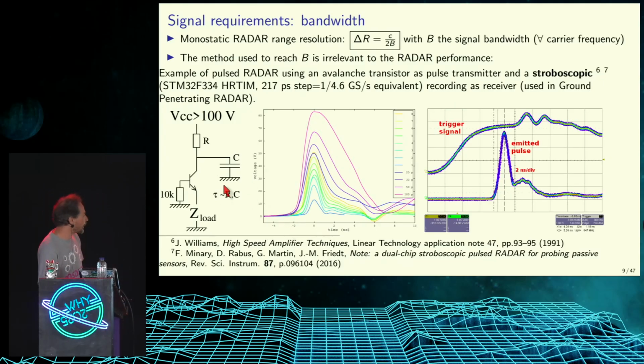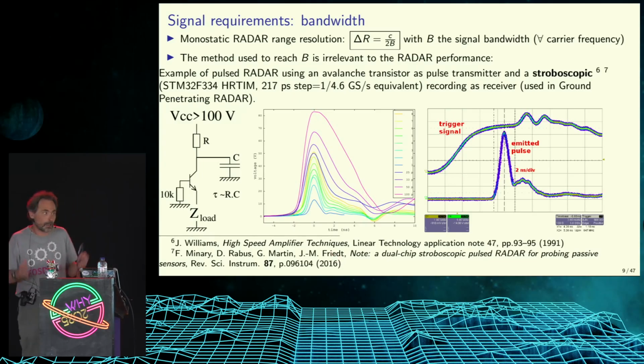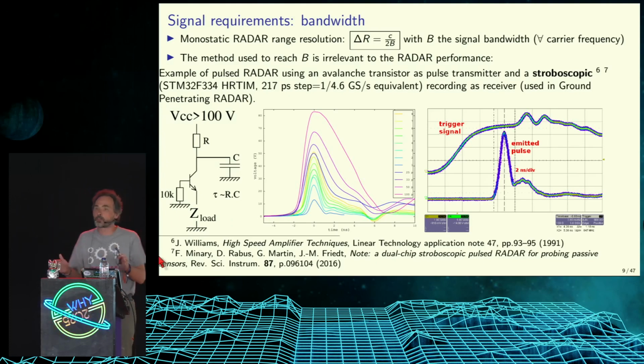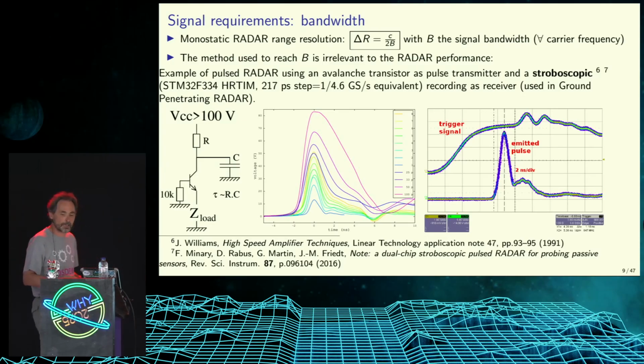So this is one trick for generating sharp pulses, and the second trick is when you want to record the pulses, you need at least twice the sampling rate of the shortest duration of your pulses. You can take a radio frequency grade oscilloscope, which is not practical on the field. So if you take one of these STM32 microcontrollers, which is fitted with a high resolution timer with 200 picosecond time resolution, you can make stroboscopy under the assumption that the environment is static during the measurement.